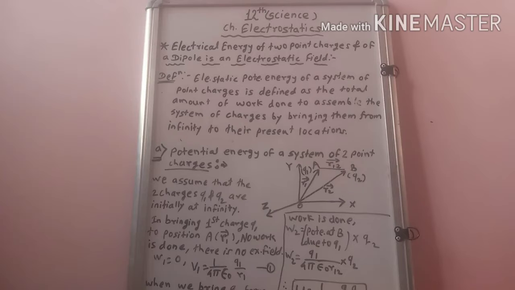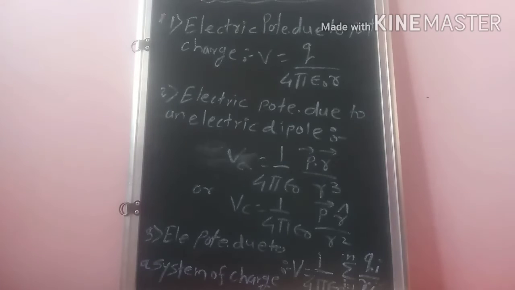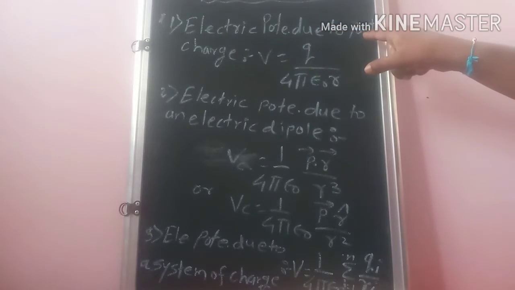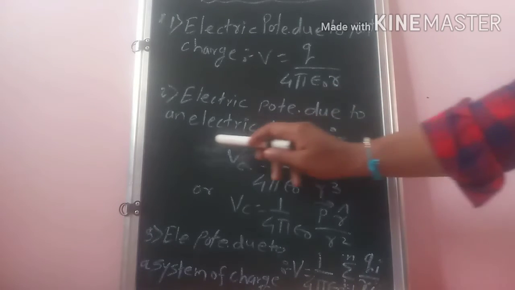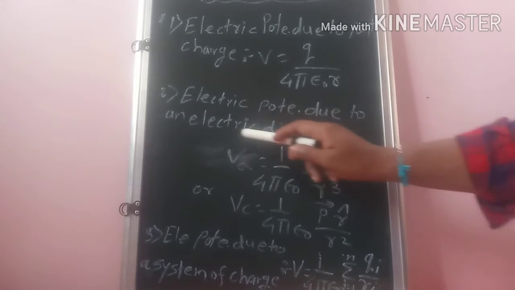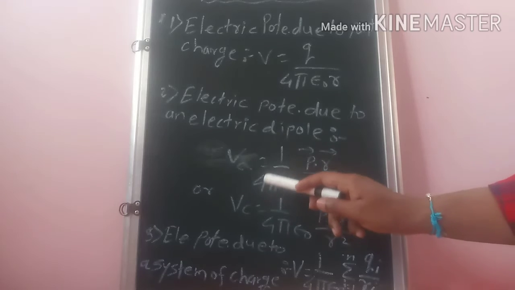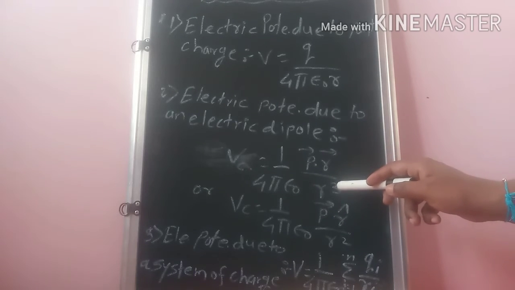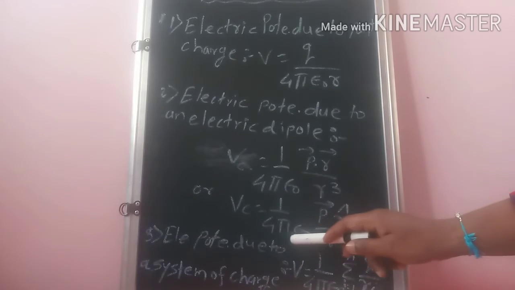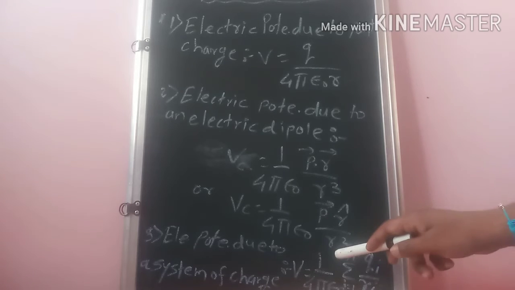Then we know that the electric potential due to a point charge is V is equal to Q upon 4 pi epsilon naught R. Next, the electric potential due to an electric dipole at the point C is Vc equal to 1 upon 4 pi epsilon naught P vector dot R vector upon R cube, or Vc equal to 1 upon 4 pi epsilon naught P vector dot R cap upon R square.